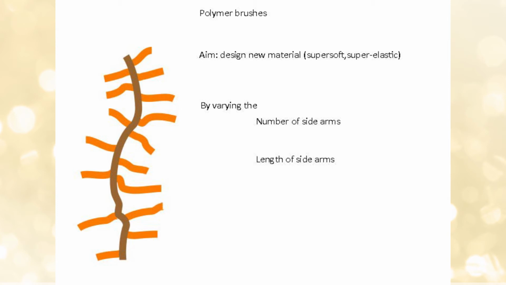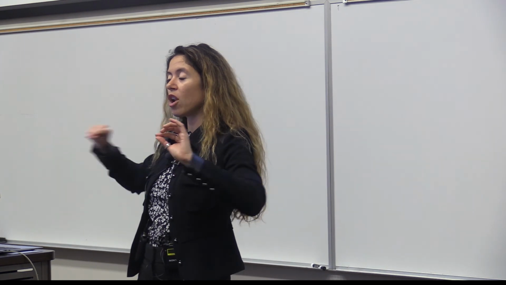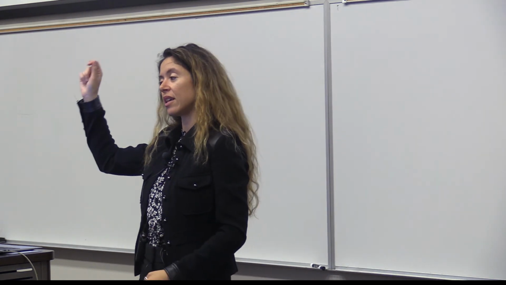These types of molecules are now very interesting in applications, from what I understand, because you can create from those materials that have interesting mechanical response without the presence of solvent. And so the behavior of the material changes depending on how many arms you have on this chain and how long the arms are compared to the length of the chain.